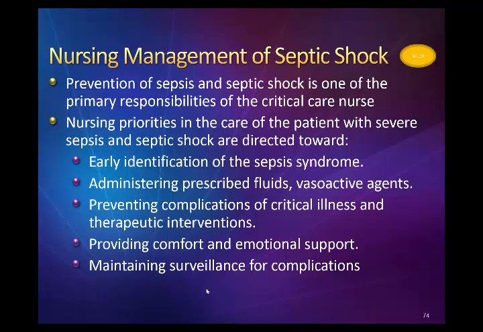And those criteria I provided earlier. Administer fluids, so fluids do help. We're also going to give vasoactive drugs if we need to. They're going to be transferred to an ICU, kept comfortable, as far as comfort and emotional support, and just survey them for any organ shutting down.